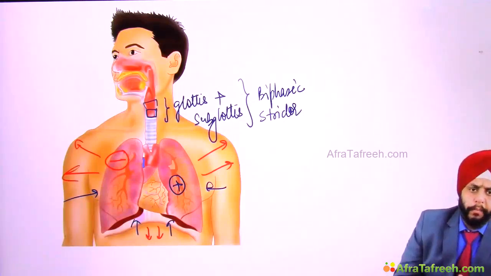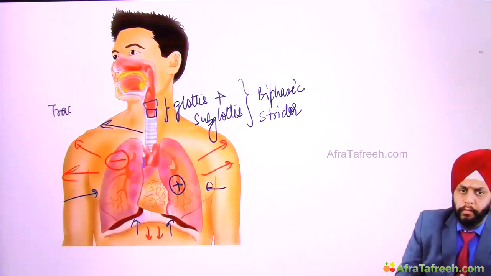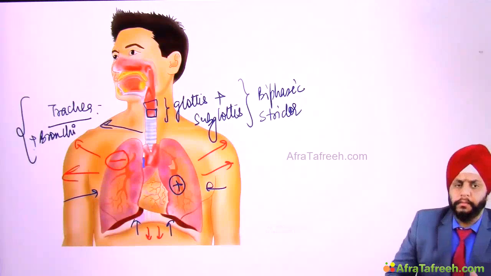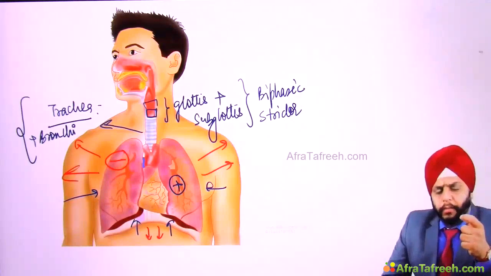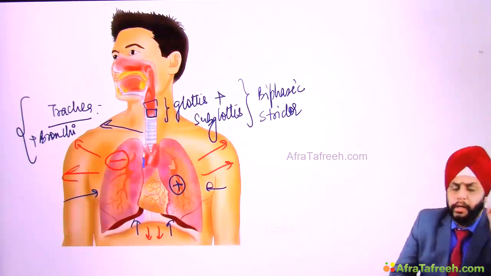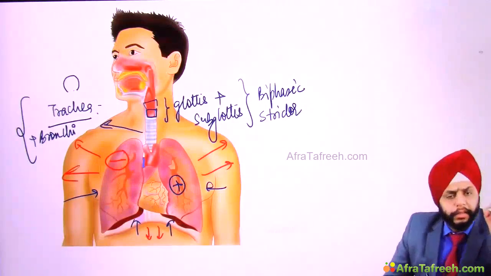Now what happens at the level of the trachea? So we have the thoracic trachea, we have the bronchi. Now what happens at their level? You see, the trachea, the bronchi, they are all lined by incomplete C-shaped cartilages. Remember, we saw in the anatomy, they are incomplete C-shaped cartilages like this.